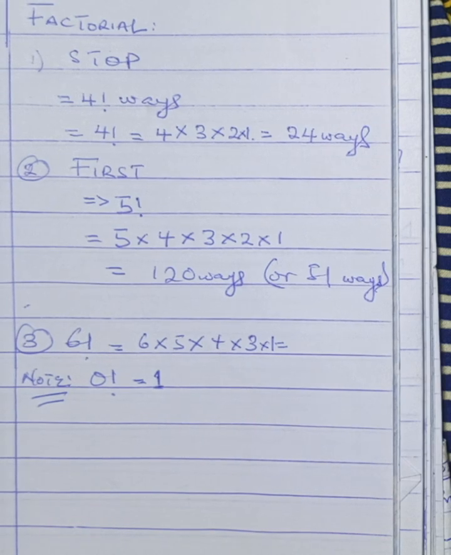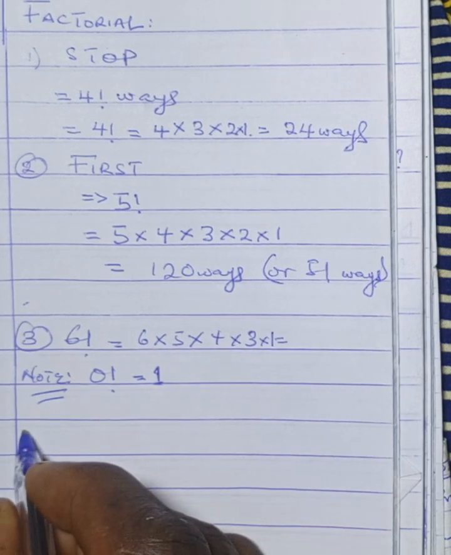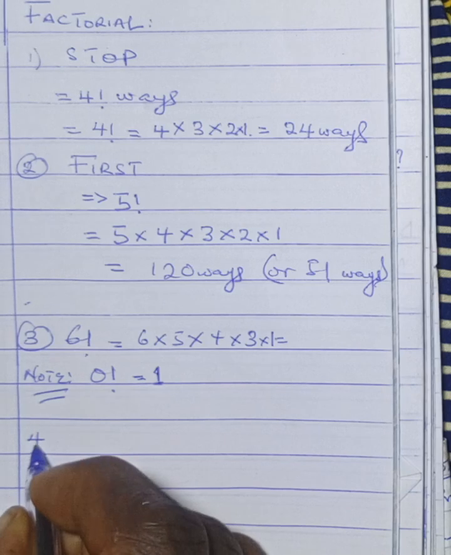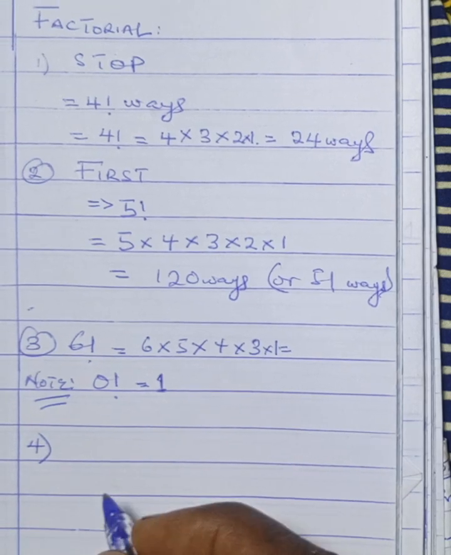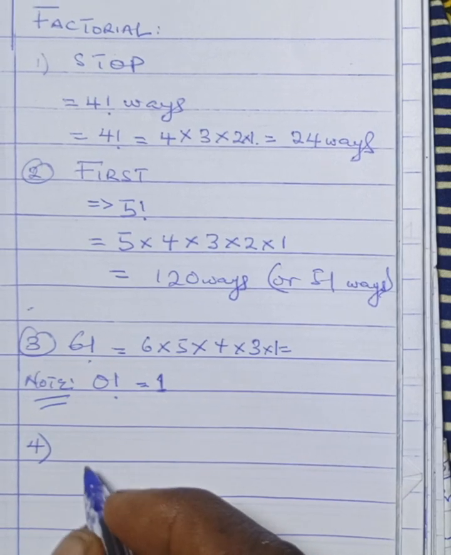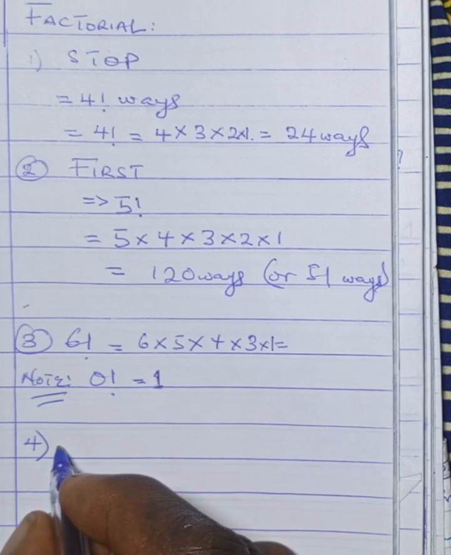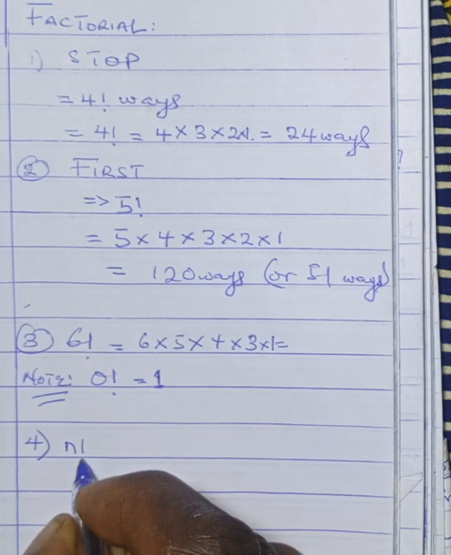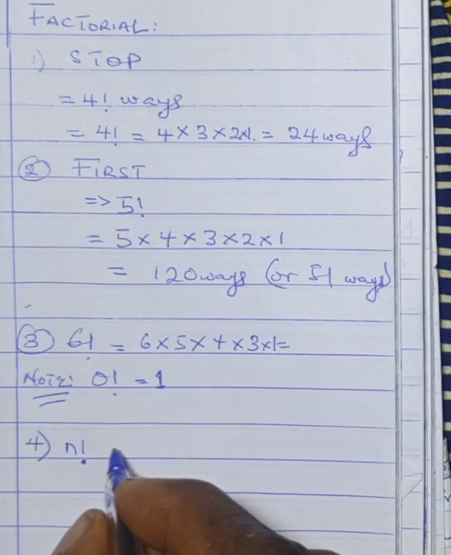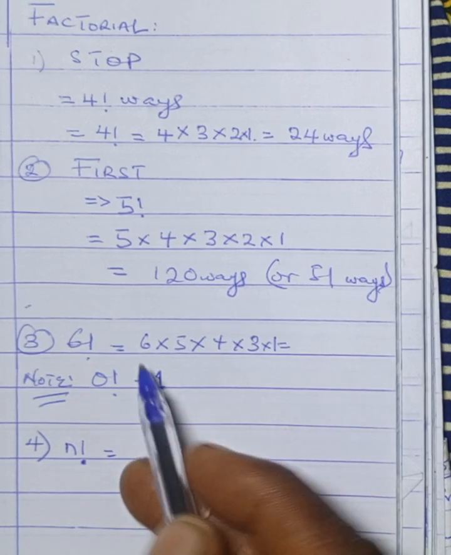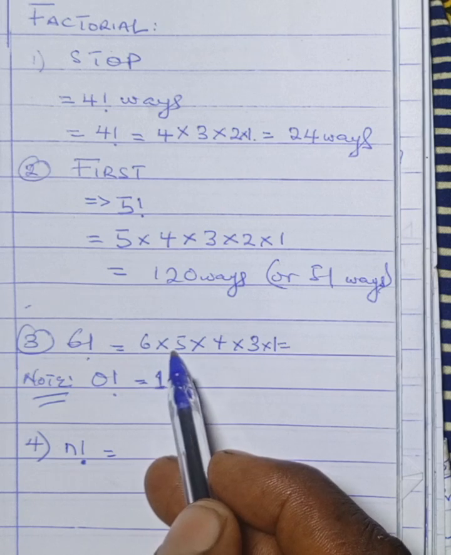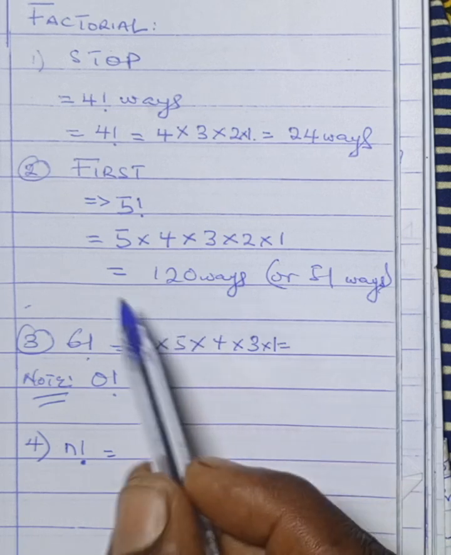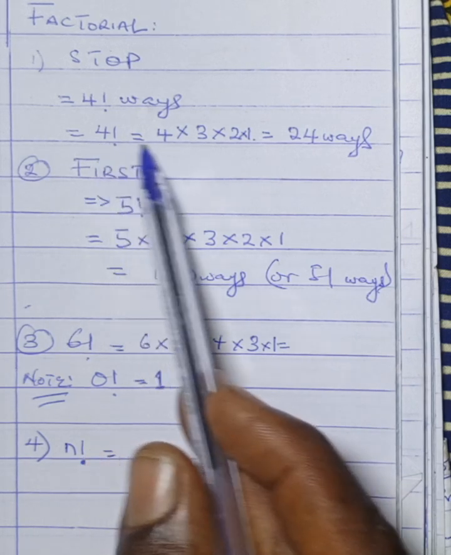Now, you might see, let's say, number 4, and then you are told to do n factorial. How do we express it? Remember that 6 factorial was in a decreasing form, and 4 factorial, the same thing.